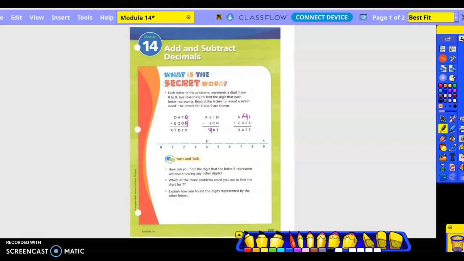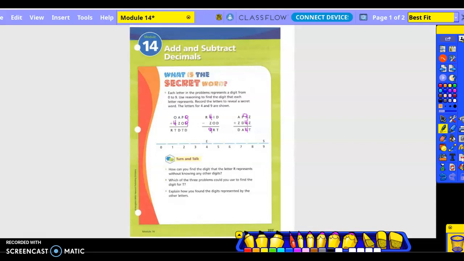Okay, and then the letter E's are 4. Okay, is that all of them? All right, so basically what we have to do is figure out the other ones.